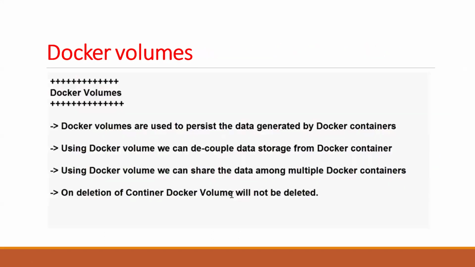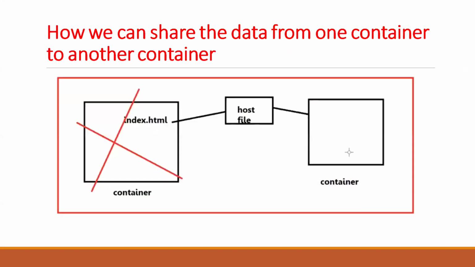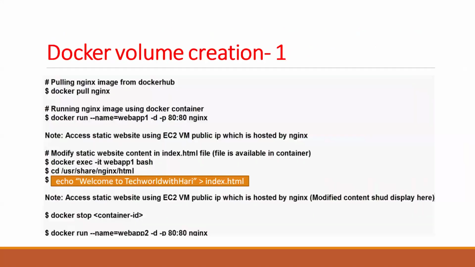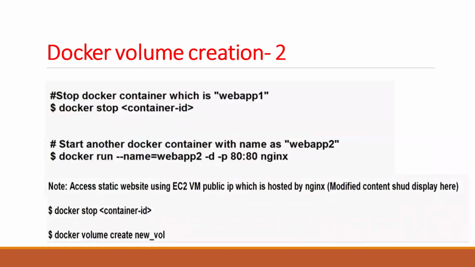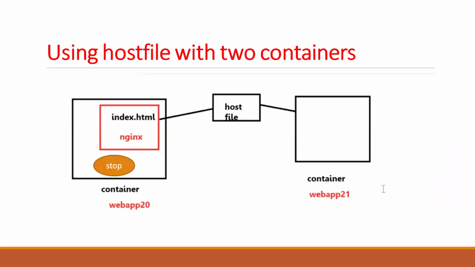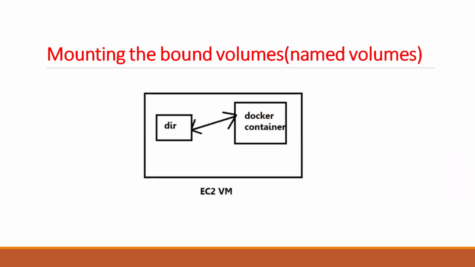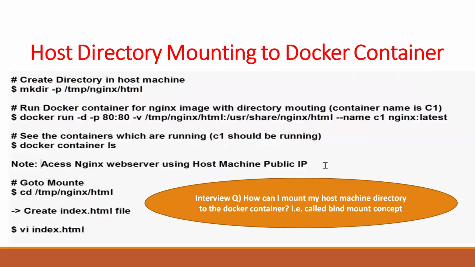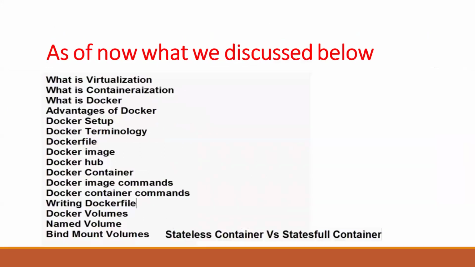Guys, understood? So Docker volume commands, sharing data, Docker volume creation 1, 2, 3, using a host file with two containers, mounting the bounded volumes, and mounting the host directory. We'll show you this tomorrow.